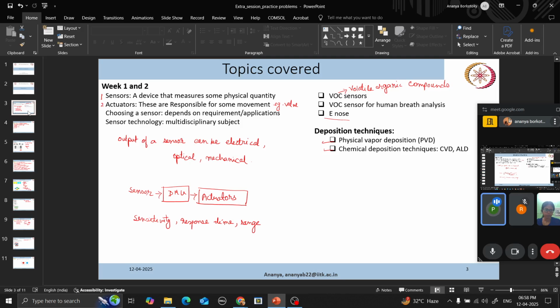Ma'am, in CVD, too many variants are given in the syllabus. Should I read everything they have given, like the types? Try to find out the similarities and differences between every type of CVD. PECVD you should definitely know, because that is one topic.